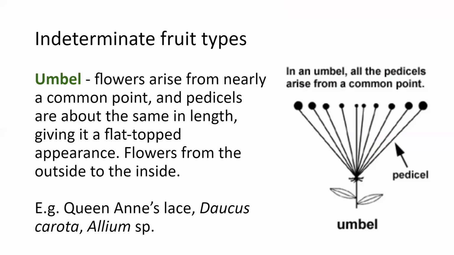Interestingly and importantly, because this is indeterminate growth, where it will continue to add flowers as the season extends, it flowers from the outside to the inside. So it will continue to grow flower stalks as long as the weather is good. Classic example of this is members of the carrot family, which includes Queen Anne's lace and also onions or allium.